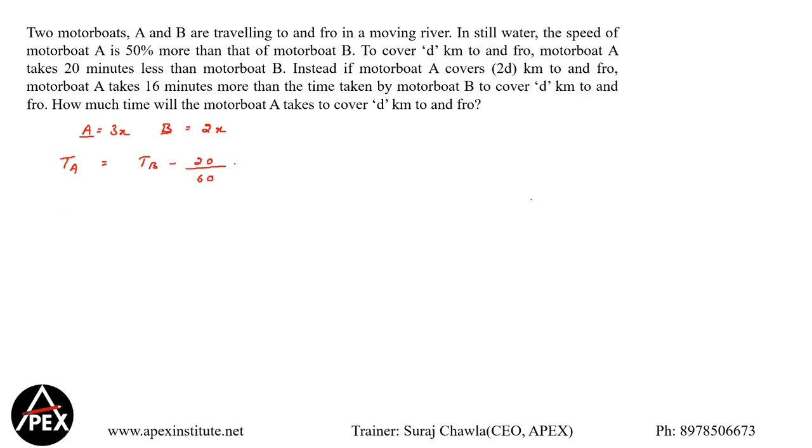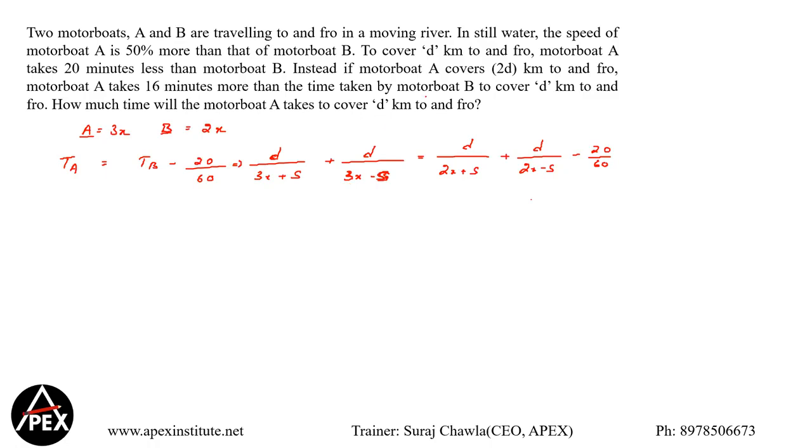So one way the motorboat will go downstream, and coming back it goes upstream. So it won't make too much of a difference here. So this is d divided by 3x plus s plus d divided by 3x minus s, which is equal to the time taken by motorboat B. Time taken by motorboat B becomes d divided by 2x plus s plus d divided by 2x minus s. And I'm taking 20 minutes less, that is 20 by 60. This is the first equation that I have.